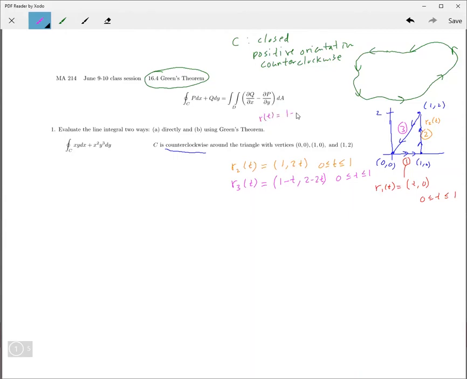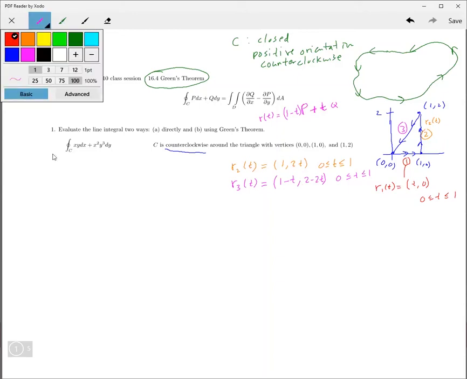You go 1 minus t times the first point, plus t times the second point. That's basically how you get it, and then simplify it. Notice if I put a 0 in for t, you get 1, 2, which is that point. And if you put a 1 in, both of those are going to 0 out. So you have those three right there.